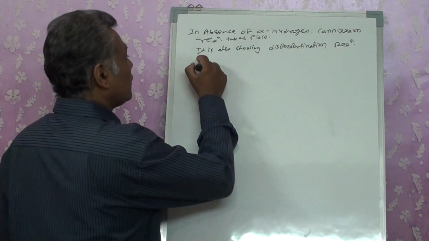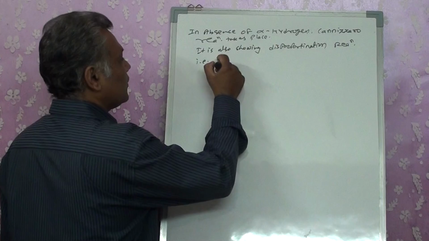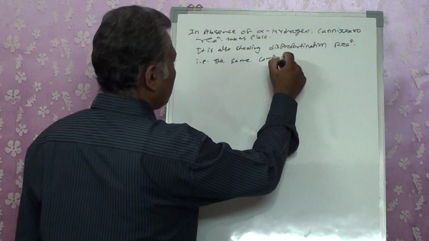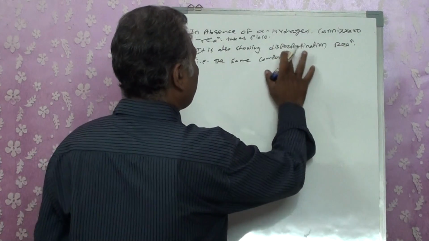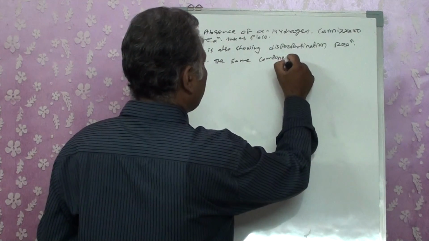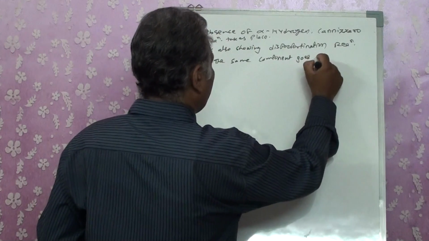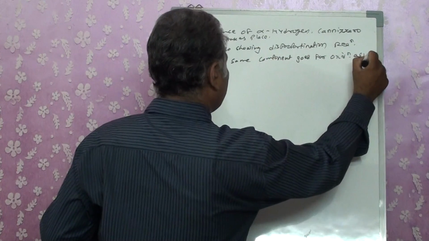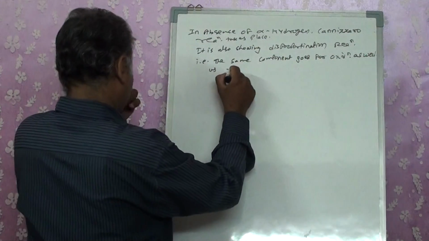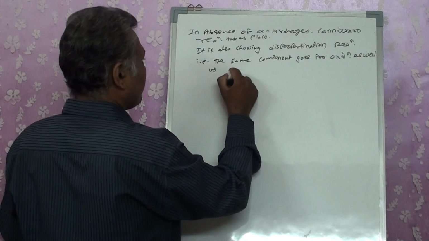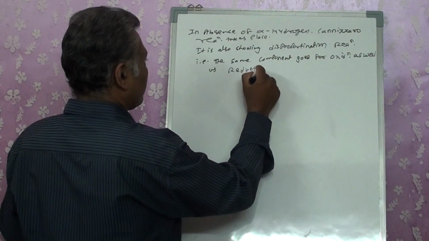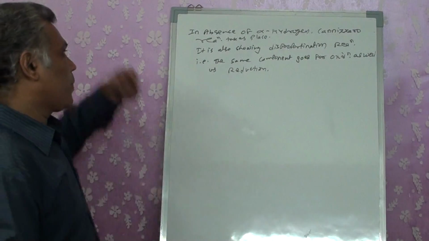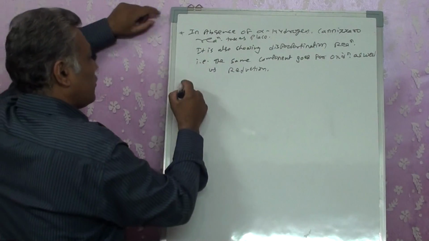It goes for, that is, the same component goes for oxidation as well as reduction. Itself is going for oxidation as well as reduction. Let's see what is that Cannizzaro reaction.